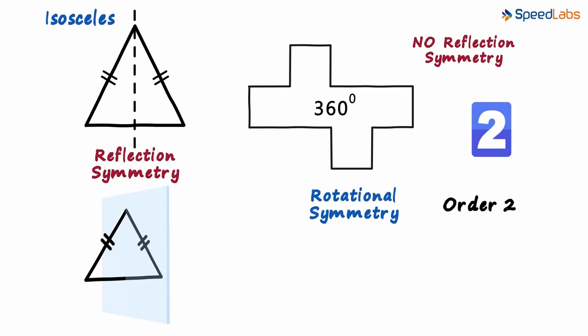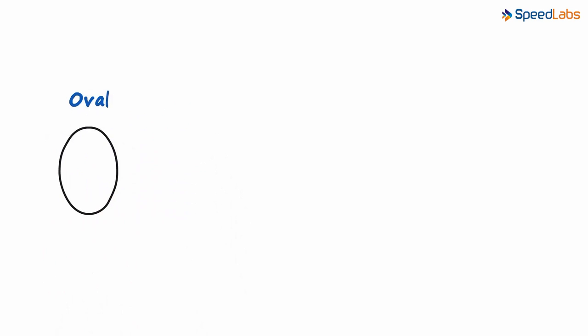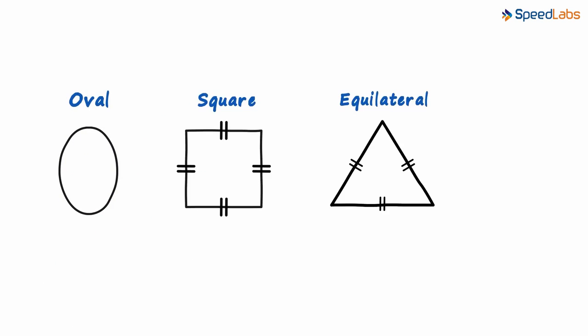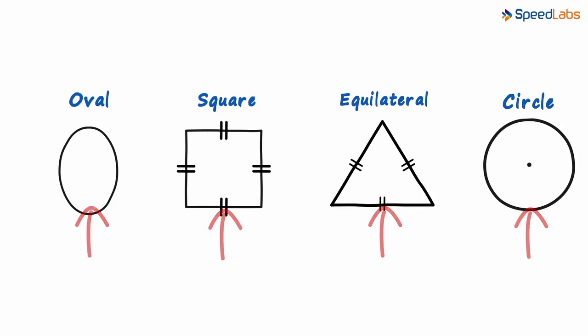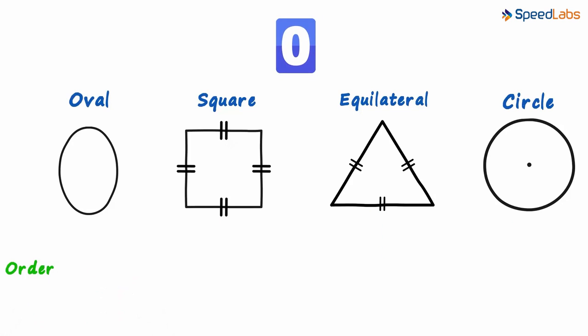Is it easy to find the order of rotational symmetry? Let me give you a few shapes, and why don't you try finding their order of rotational symmetry? First, an oval looks like this. Next, a square, an equilateral triangle, and a circle. Each of them has rotational symmetry, but we need to find the order. We begin with the oval shape and start rotating it.